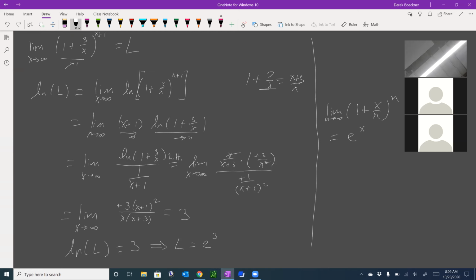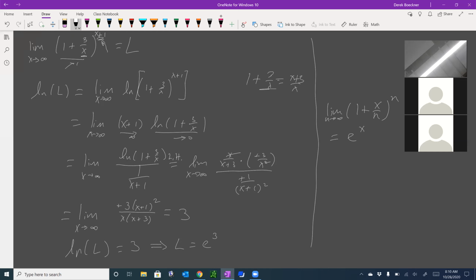That's what this is basically, n here and in there. It goes to e to the x. Okay. As long as this exponent is linear with slope 1, we go there.